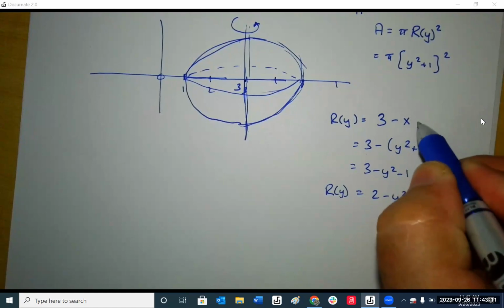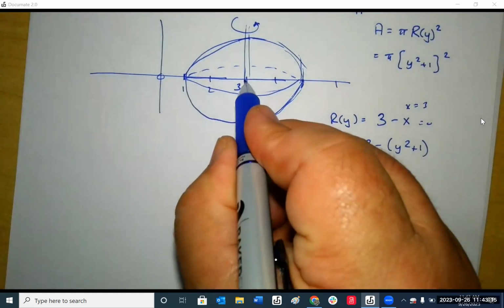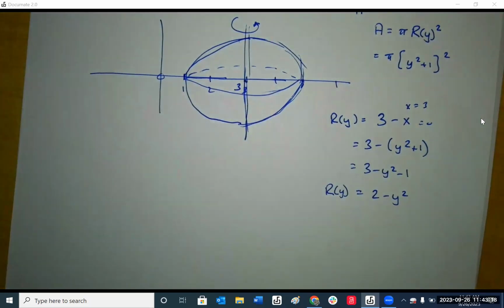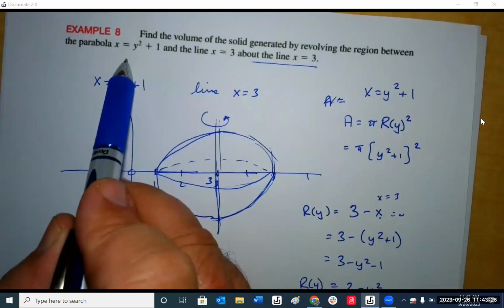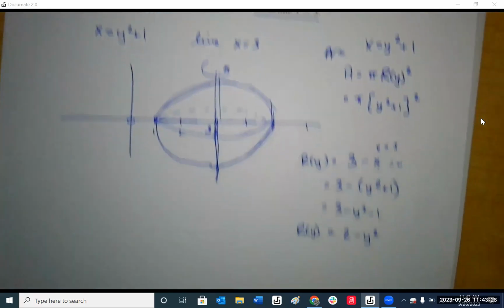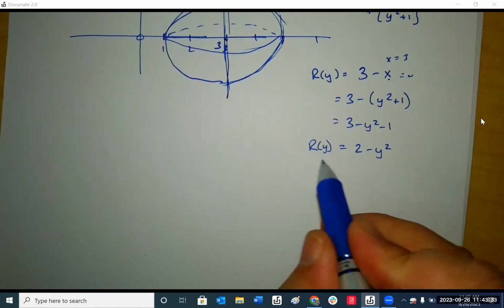Because if we set this equation equal to 0, we get x equals 3, which is where that is. So it was a shift to the right 3 spaces. And what is x? X is our function. So that's our radius.